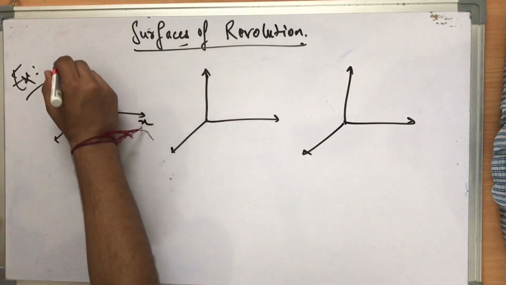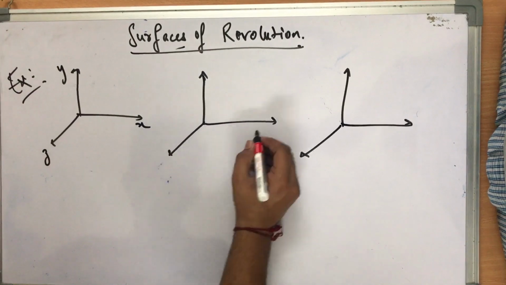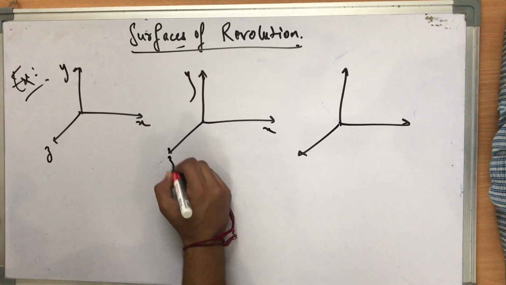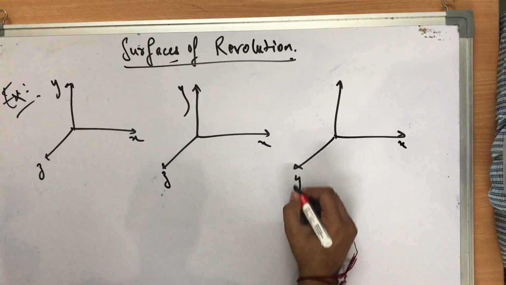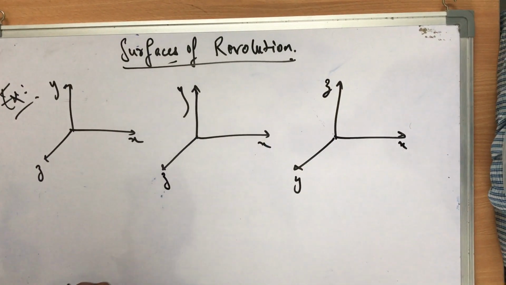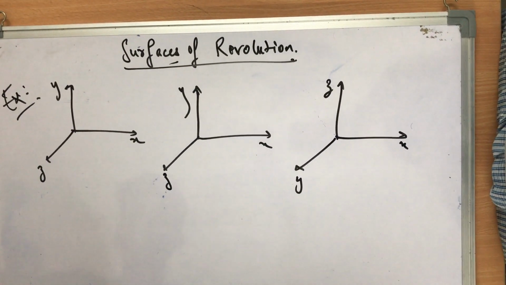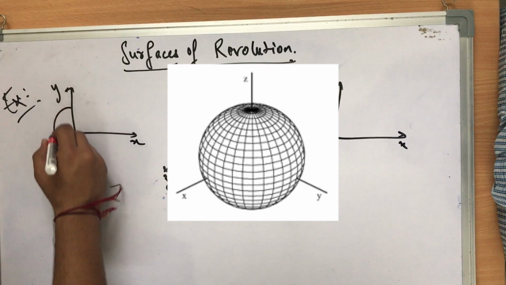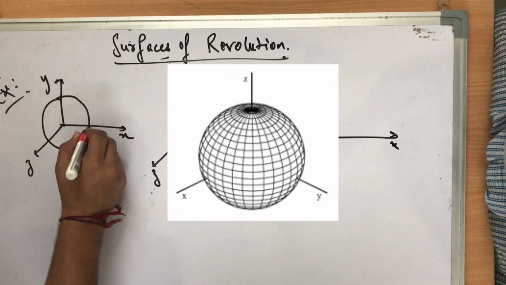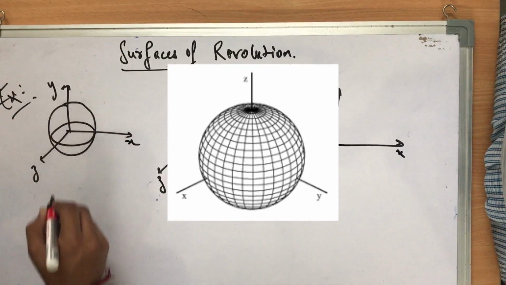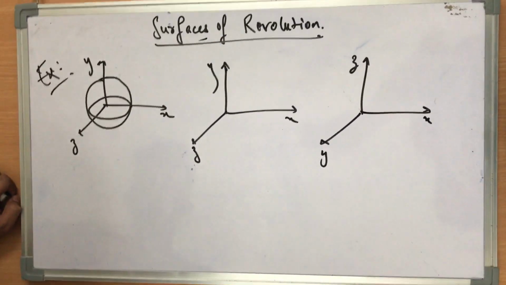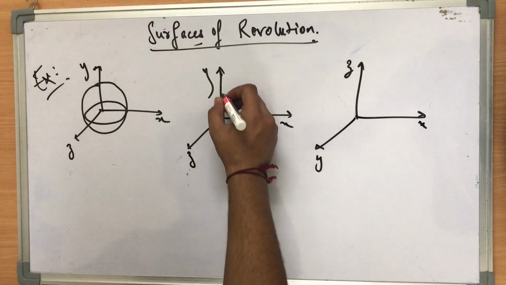I have the x, y, and the z axis. Now, the first example which I take is a sphere, which is formed after rotating a circle about any of the given axes.